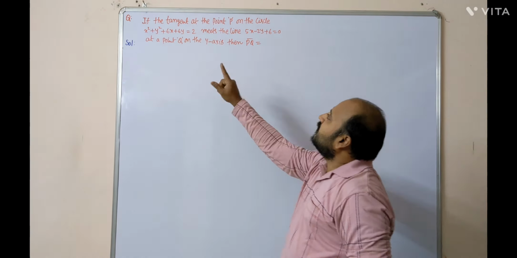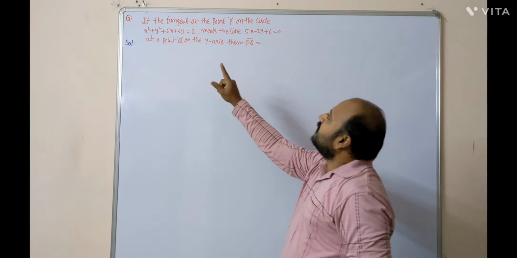Here is the twist: the tangent to the circle meets the line on the y-axis. Then PQ equals? So this is the circle equation. Here the point P is there. That point P, we don't know.